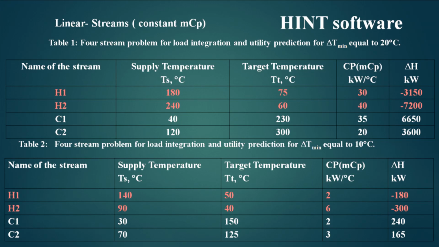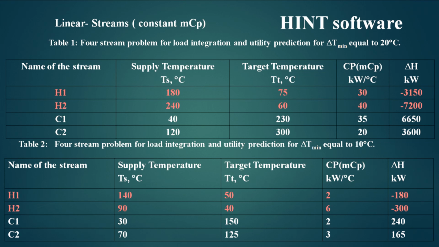This is shown in table 1, 4 stream problem for load integration and utility predictions. This is the table where there are 2 hot streams and 2 cold streams.